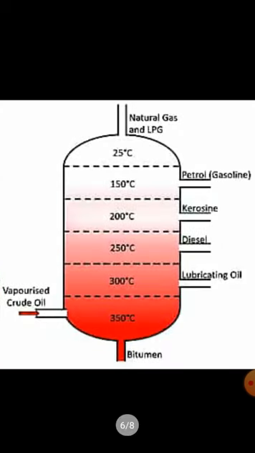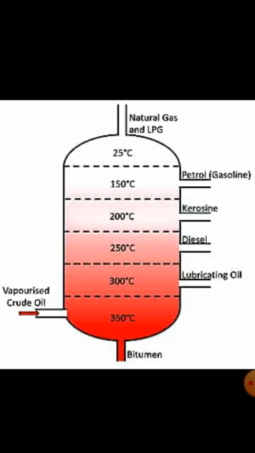The process of petroleum refining is done basing on the principle that various constituents present in petroleum have different boiling points. This process of separating the constituents by taking their boiling points into account is known as fractional distillation.